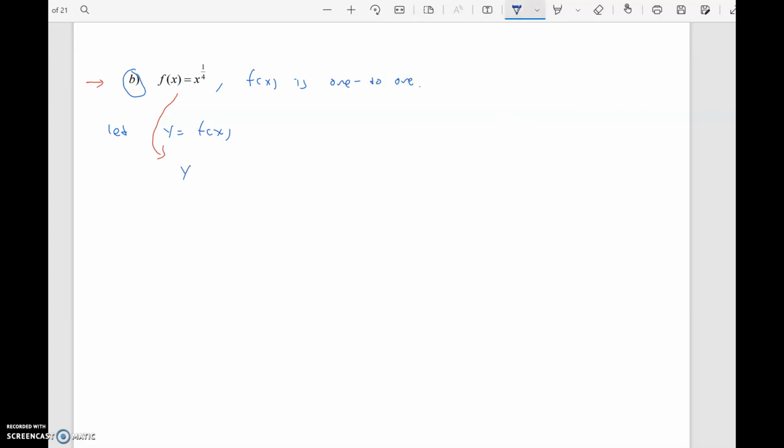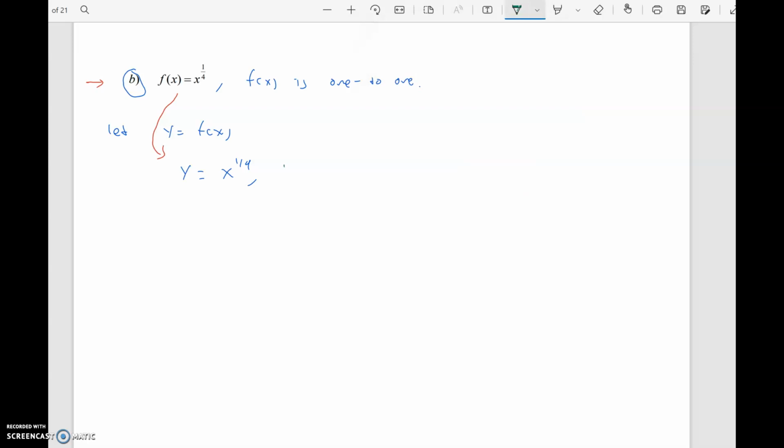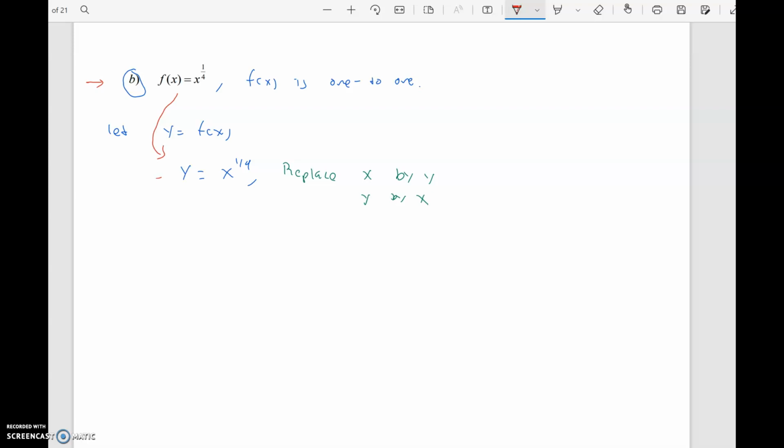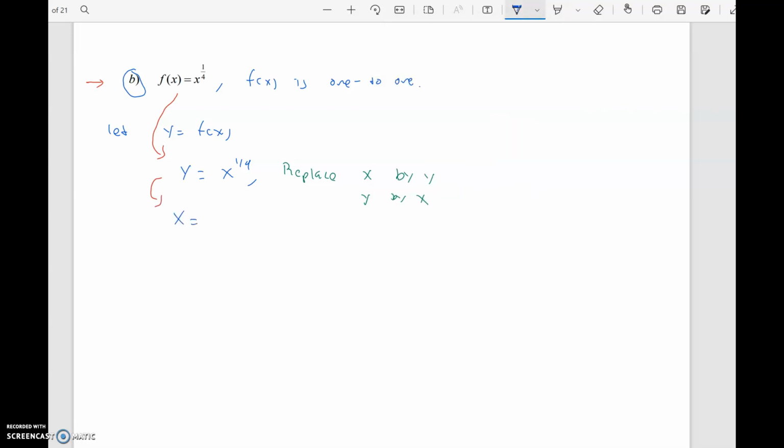You're going to have y is equal to x to the 1/4. And then at this point, we replace x by y and y by x. And let me rewrite it. So in this case, we're going to end up with x is equal to y to the 1/4.